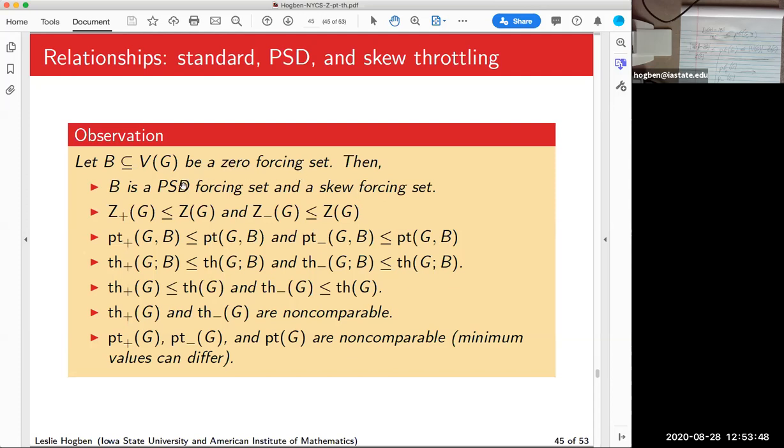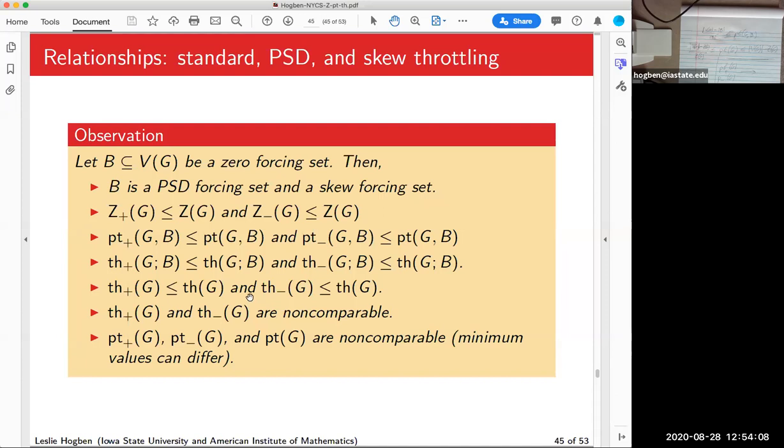Any standard set is automatically a PSD or skew. So we have these relationships that I mentioned with these numbers earlier, the zero forcing numbers. We have the propagation time of the set relationship, and therefore the throttling number of the set, and therefore we have the throttling number relationships.